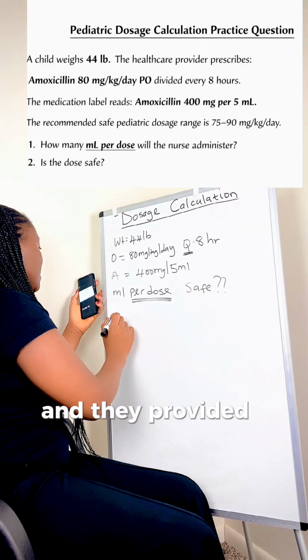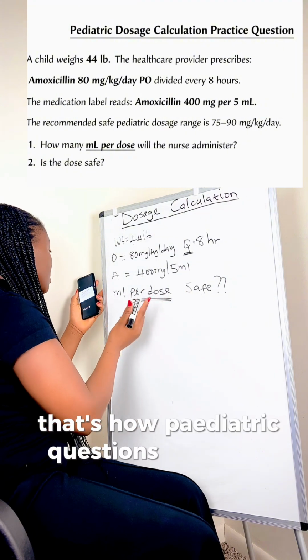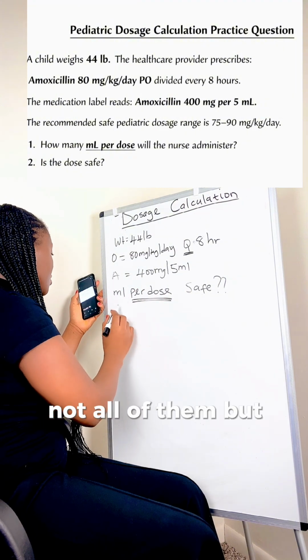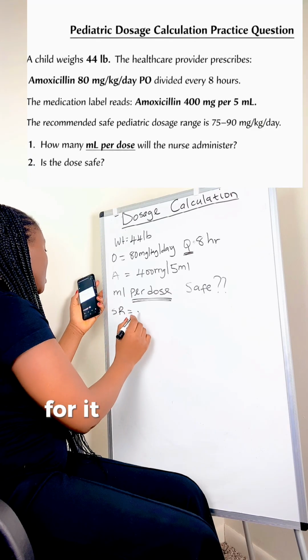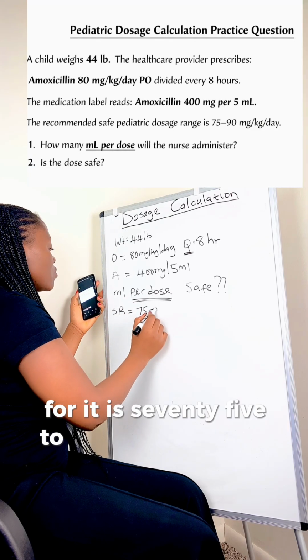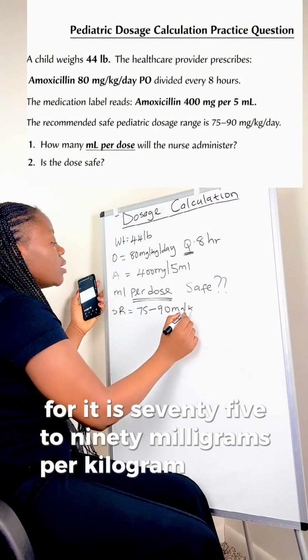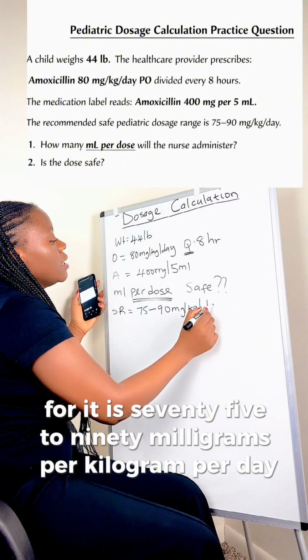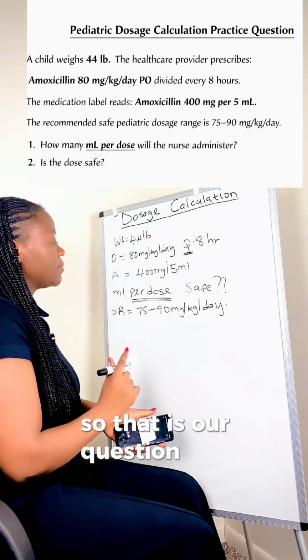And they provided a safe dosage range. That's how pediatric questions will come. Not all of them, but some of them will come this way. The safe range, we're going to use SR for it, is 75 to 90 milligrams per kilogram per day. Sorry, per day. So that is our question.